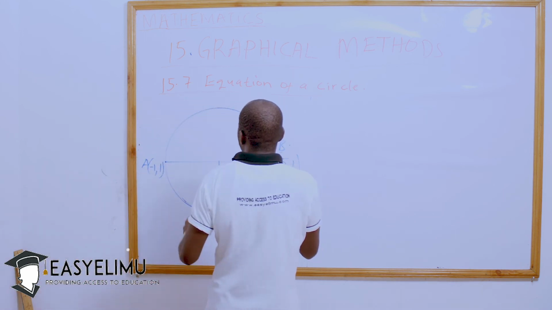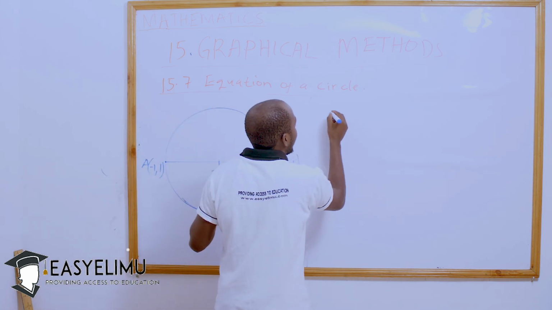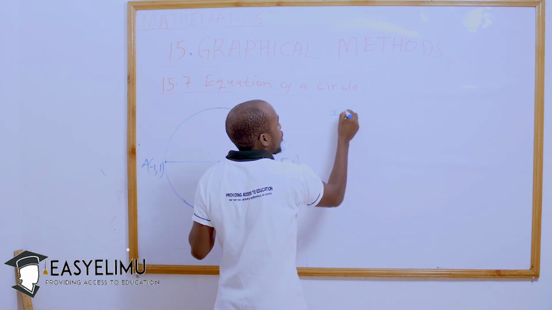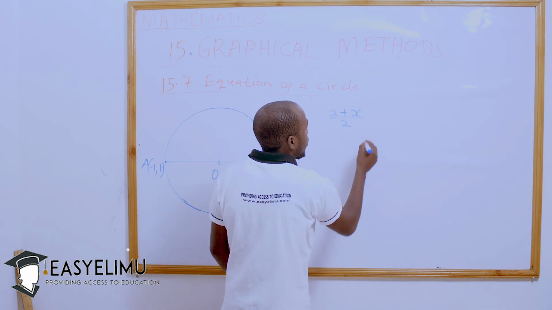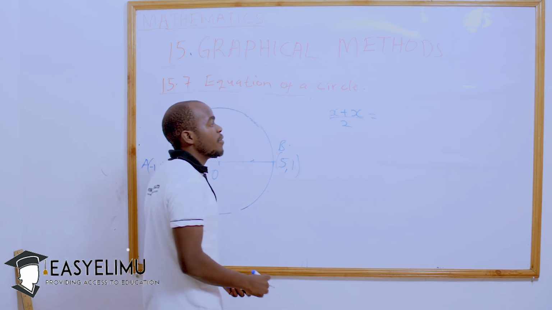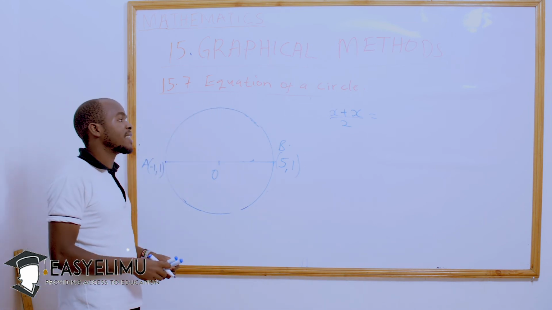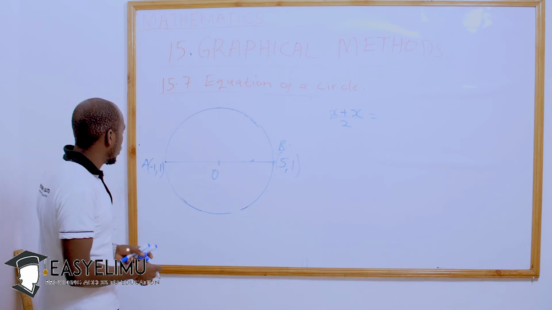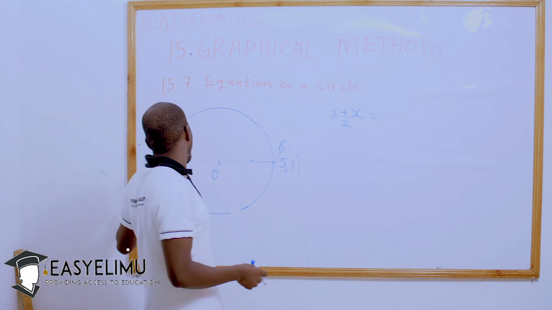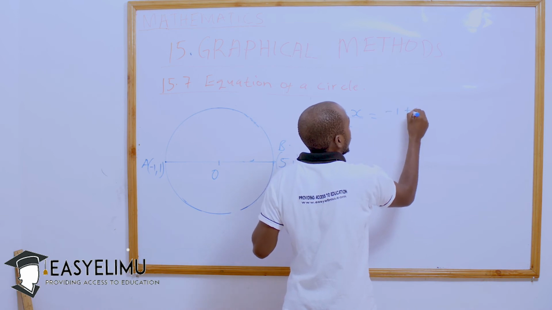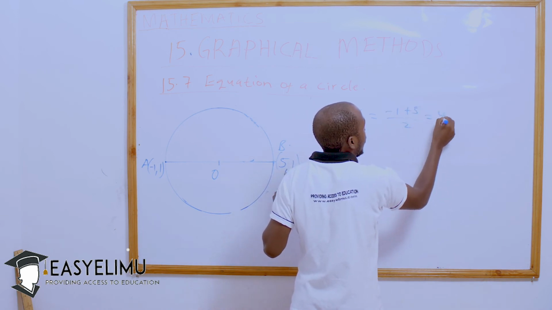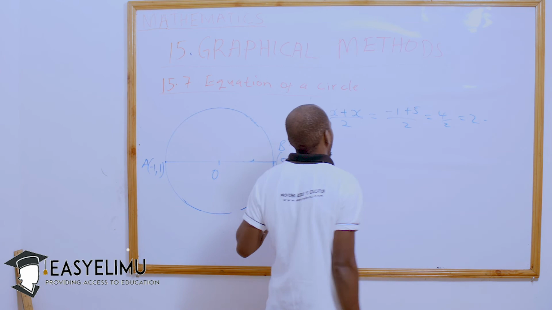So we shall take the x coordinate of A, add the x coordinate of B, then divide by 2. Whatever we find is the x coordinate of the center of that line. So it will be -1 plus 5 divided by 2, which is 4 over 2, giving 2.